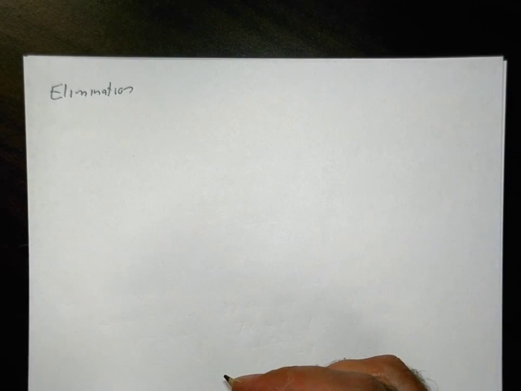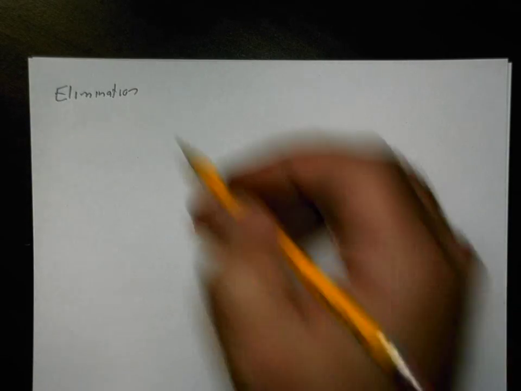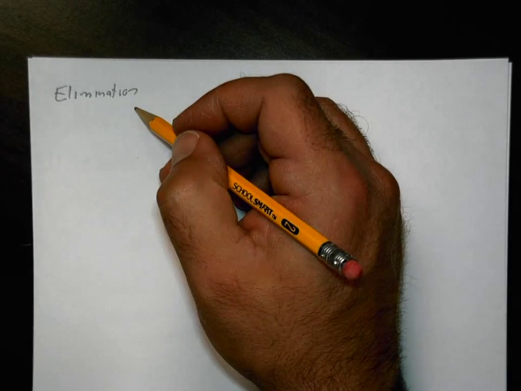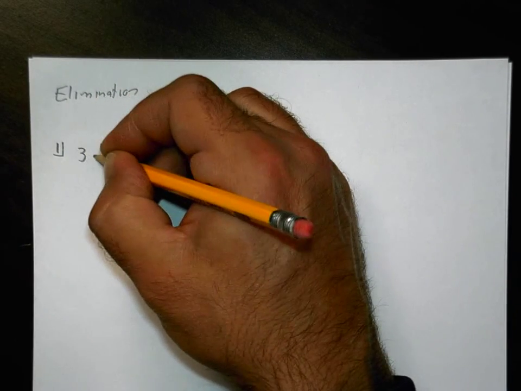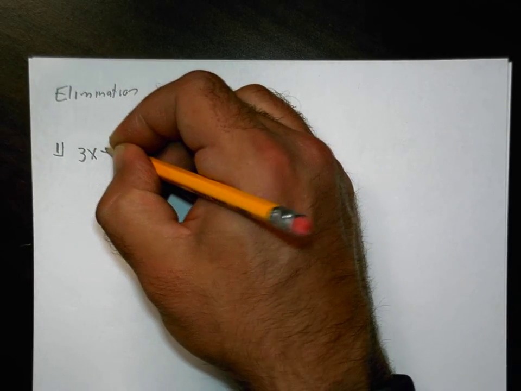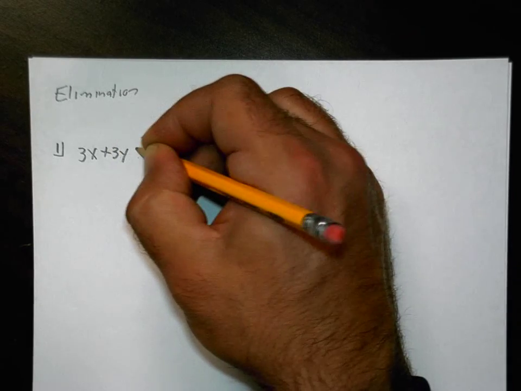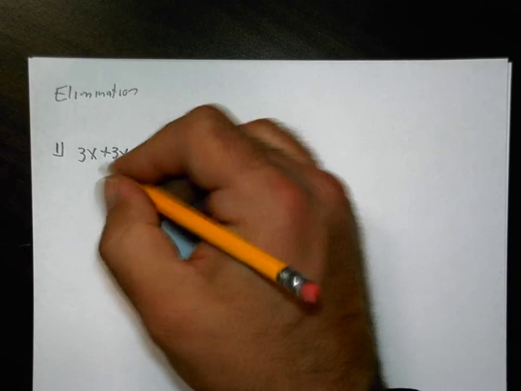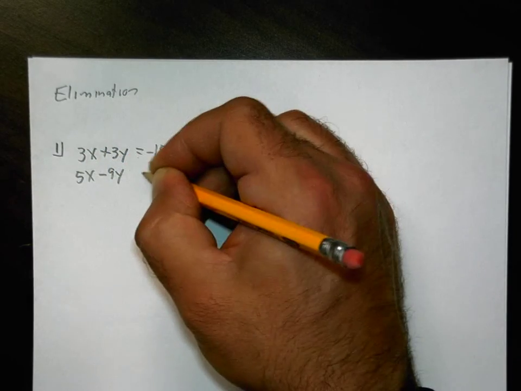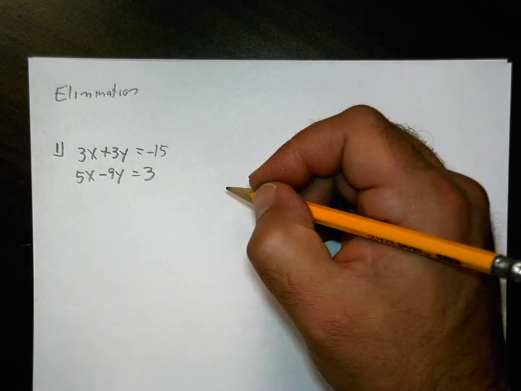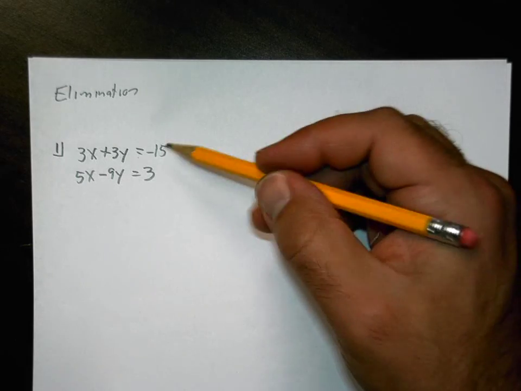Okay, we use elimination typically when both equations are in standard form, or we can put them in standard form. Okay, so here's a system of equations.